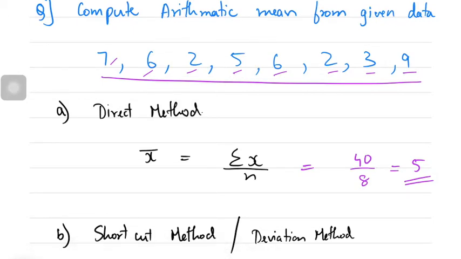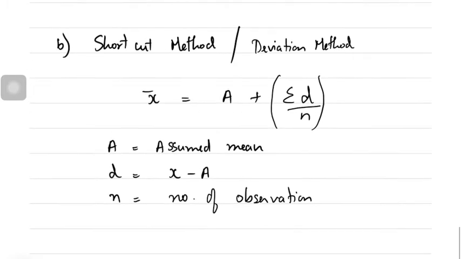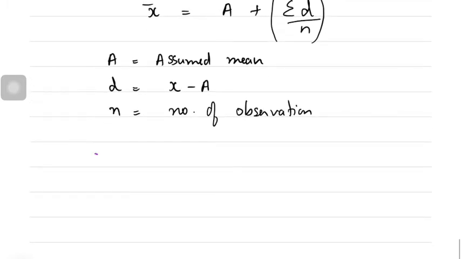Right? So arithmetic mean is 5. I'll change my assumed mean because arithmetic mean is itself 5. Let my assumed mean be 2. I'll keep the lowest number as assumed mean. Actually, I'm supposed to take any middle number. So I'll keep 2 as my A, so that my calculation becomes easy.